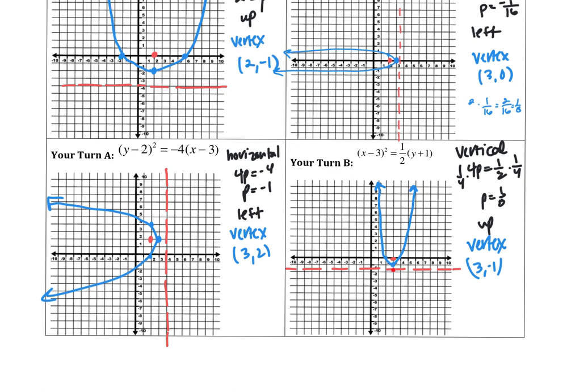We've got a distance of 1/8 until we hit that directrix. I've got a distance of 1/8 until I hit that focus, and a distance of 2p on either side, which would be 1/4 until I hit the parabola again. And so I can go out that distance, and then I have my parabola. It's a little bit skinny, but it still works.